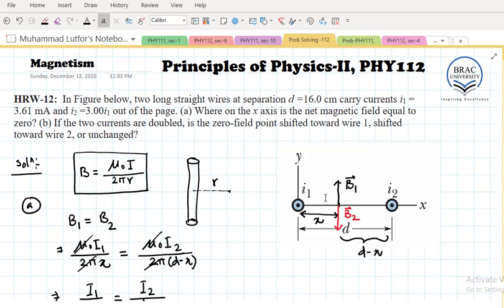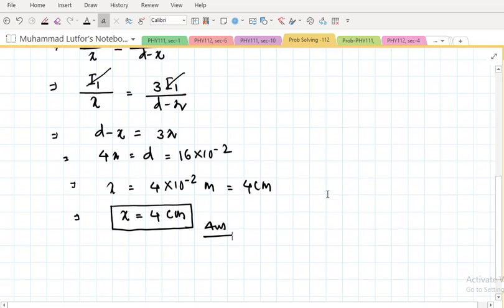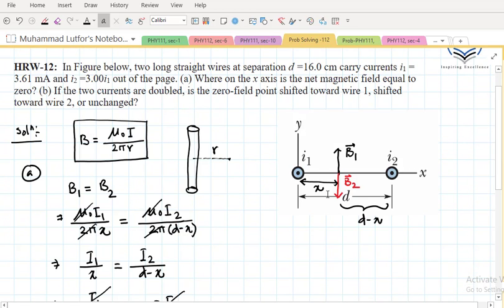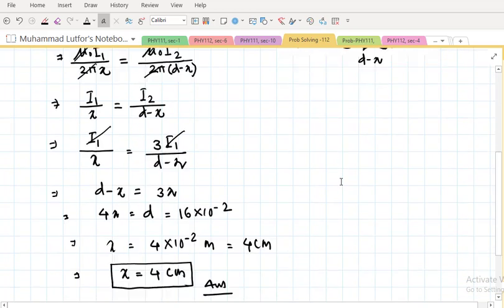If I double the current in wire 1, it automatically doubles in wire 2, since I2 is thrice I1. Then will the zero field point shift towards wire 1, towards wire 2, or remain unchanged?